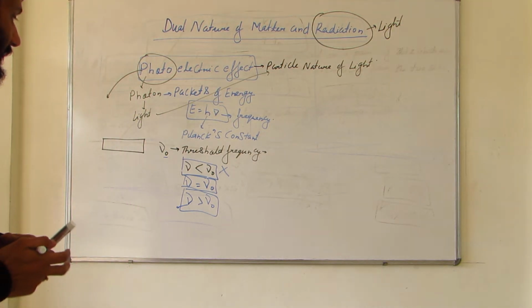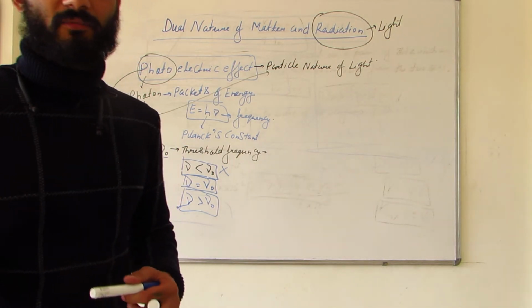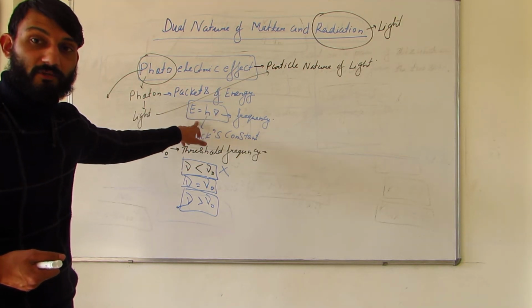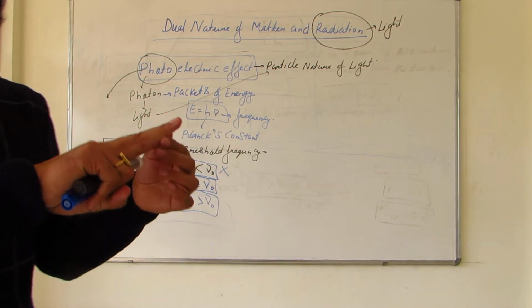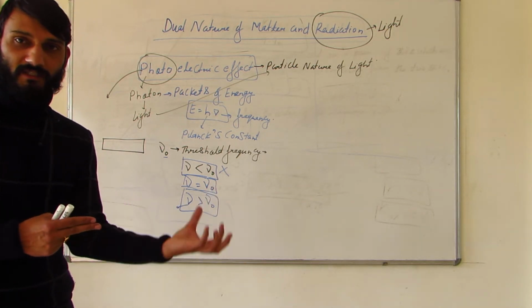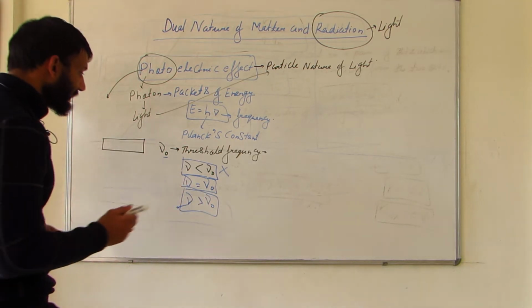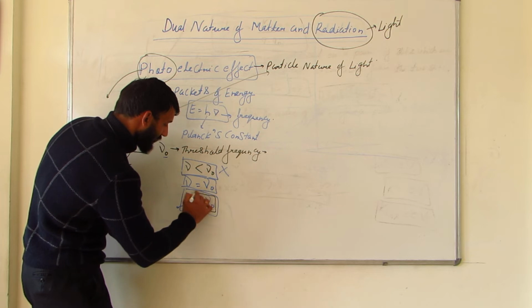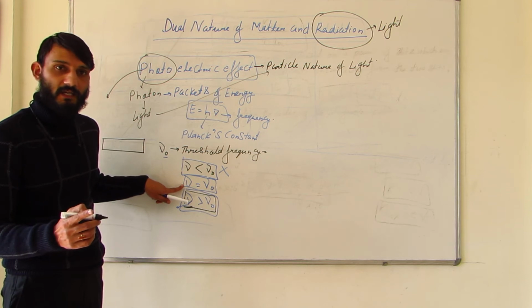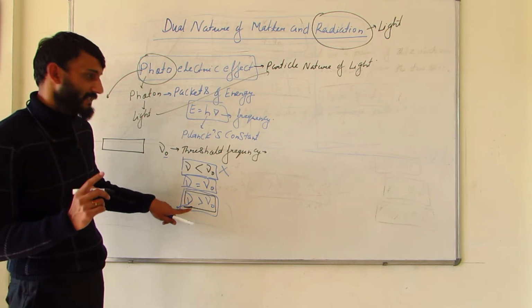One part helps the electron to come out of the surface, and the remaining part becomes the maximum kinetic energy of the electron. So in this case the electron will have kinetic energy also, whereas in the other case it will just come out at the surface.